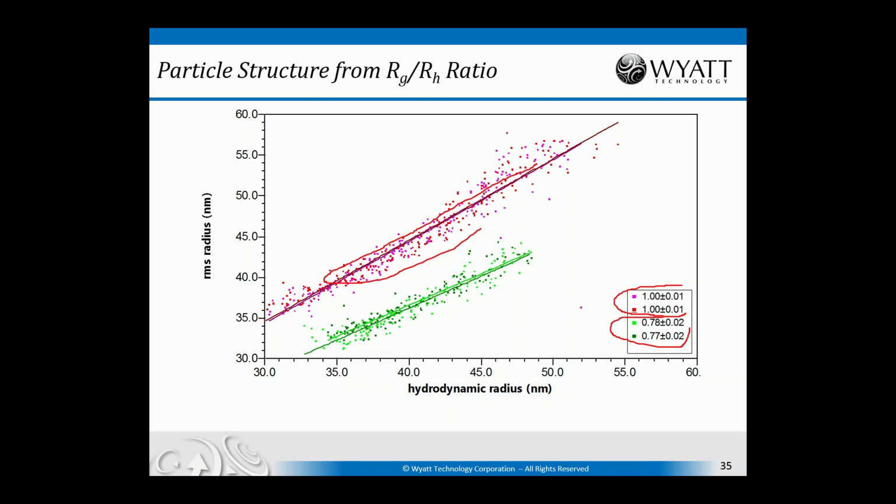In other words, the filled and empty will not occur in different elution volumes, because in terms of their hydrodynamic volume, they're identical. What you will see is an intermediate value of rho between 0.78 and 1. And so that will give you an indication of how many are filled and how many are empty.